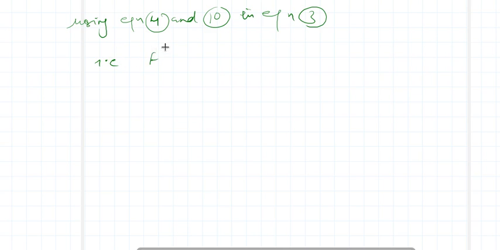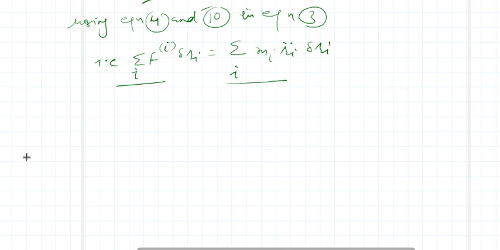I have to use summation over i of F_i delta r_i. It must be equal to summation over m_i r_i double dot delta r_i, and their values I have taken from equation number 4 and equation number 10.